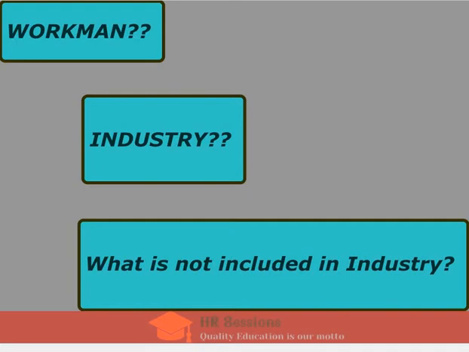Industry is any body carrying out certain tasks, governed or authorized under the central government, state government, or owned by any government. Those are part of industry as per this section of the act.